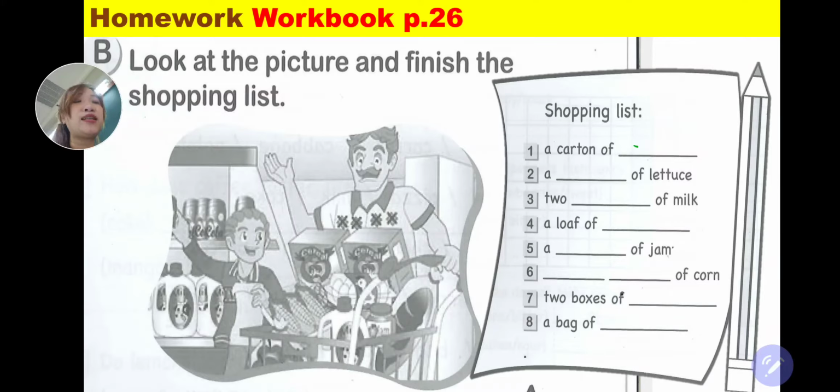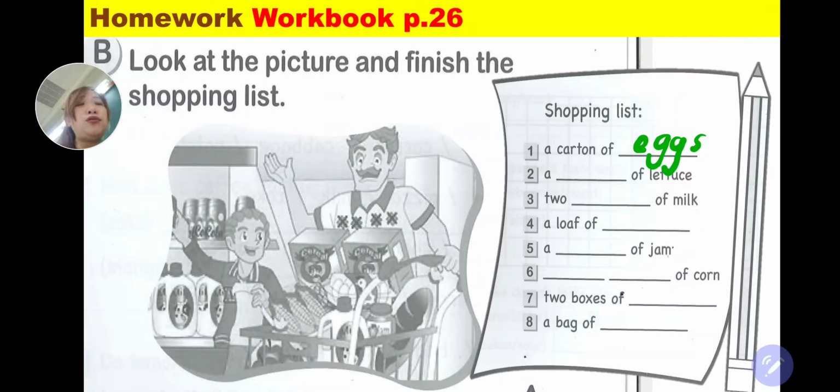So you have to write down egg. A carton of eggs. Number 2, a lettuce. 请你把单位量词 lettuce 我应该用哪一个单位量词？自己想。That will be your homework.